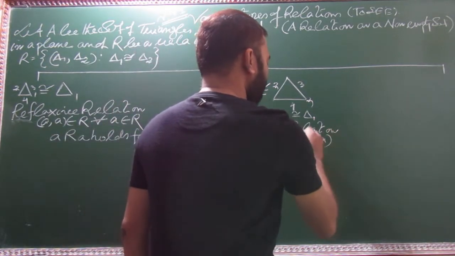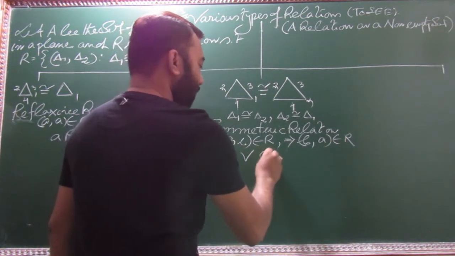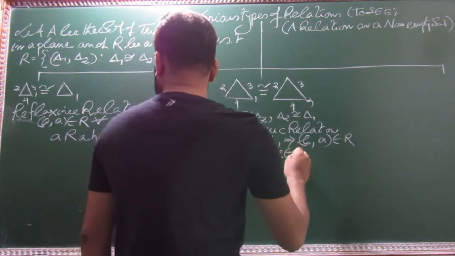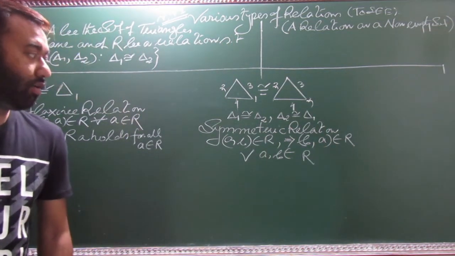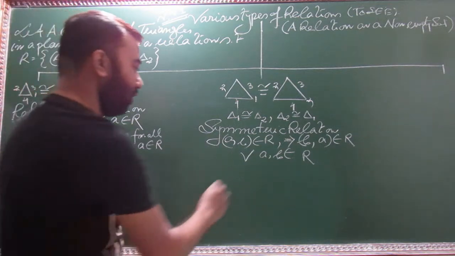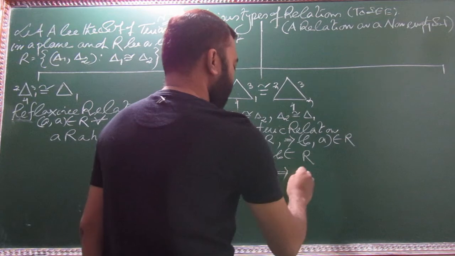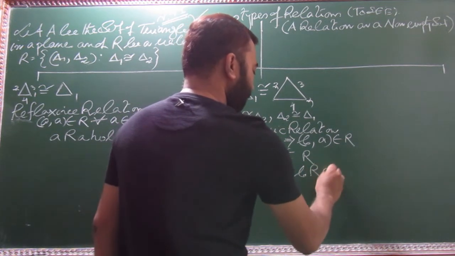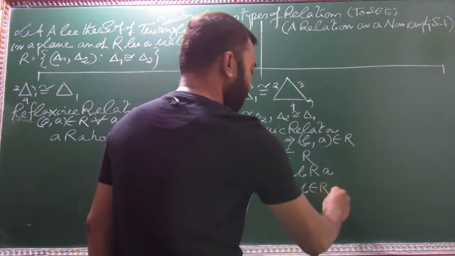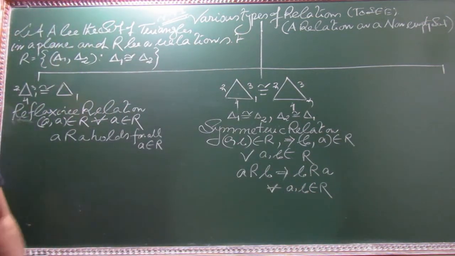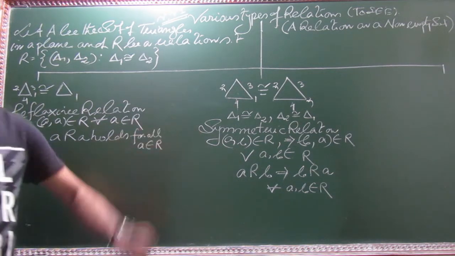B, A belongs to R for all A, B belongs to R. Or if you want to write by row, A R B implies B R A for all A, B belongs to R. This is symmetric relation. Now I am going to start transitive relation.